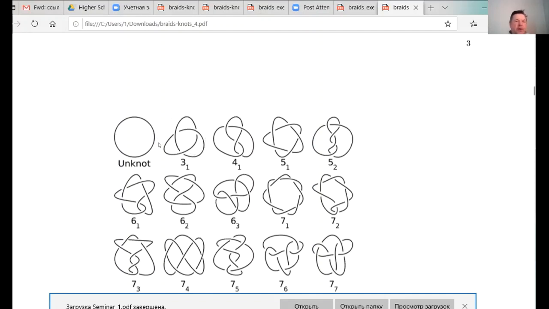This is true, and it is true that for the trefoil, we just fix that the trefoil and its mirror image are different.